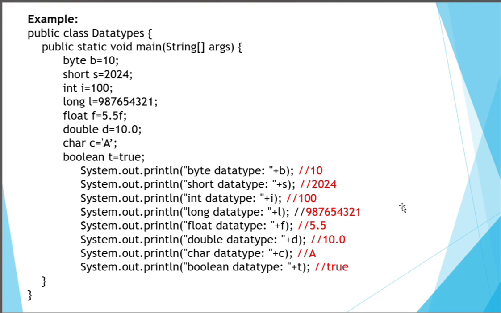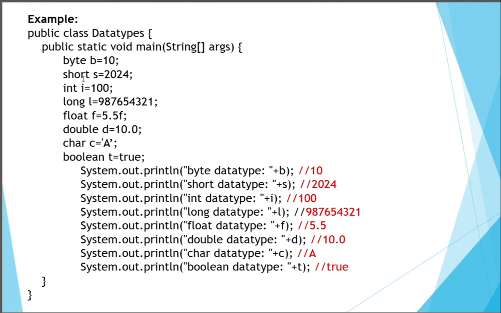Now we can see some examples for data types. Here DataTypes is a class name. This is the signature of the main method, public static void main String args. Here byte b equals 10. Here b is a byte data type and stores the value 10.